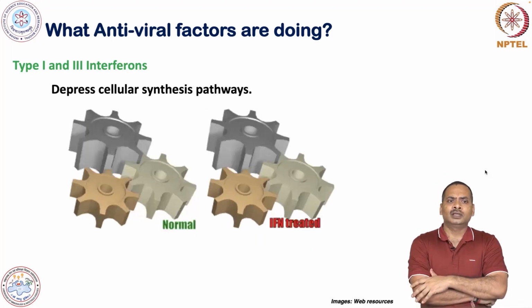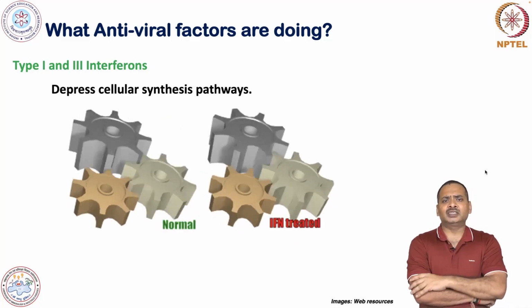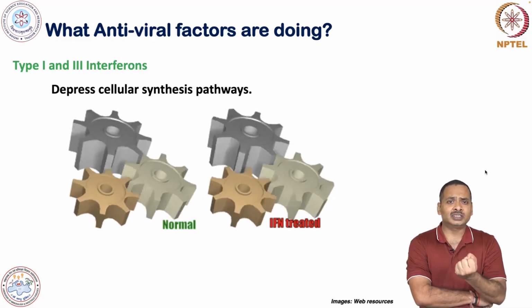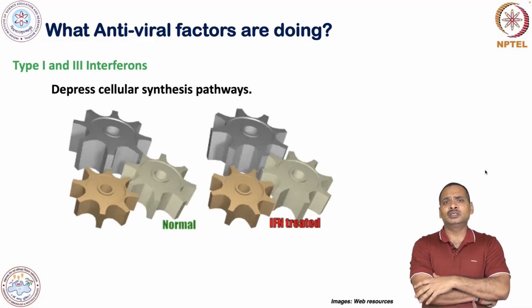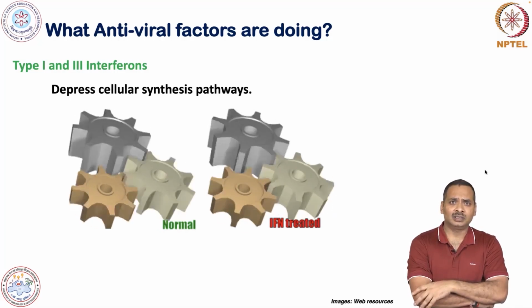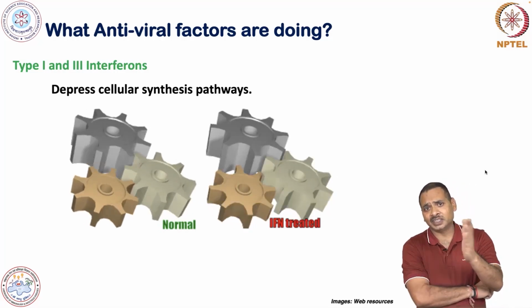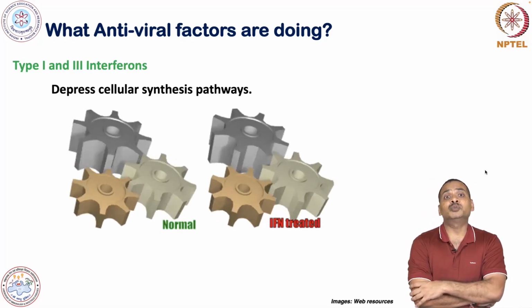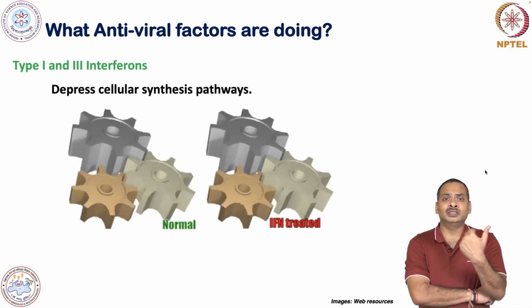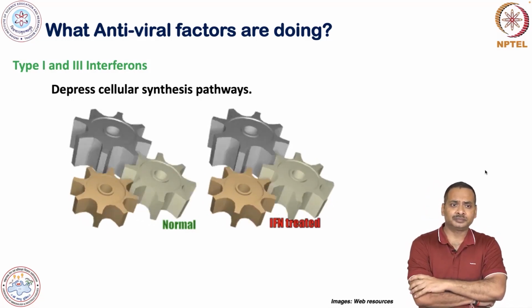They depress the cellular synthesis pathway, so if you treat the cells with type 1 interferon, there will be a decline in metabolic pathways in the cell. That is why they also act as anti-proliferative agents, and it is used in the treatment of some cancers.